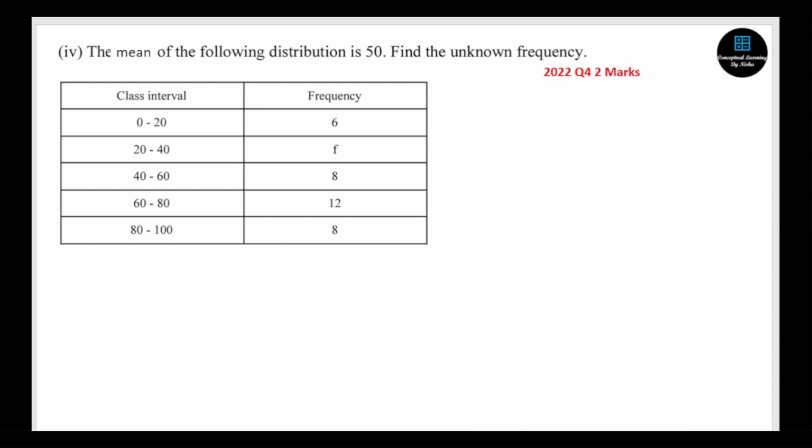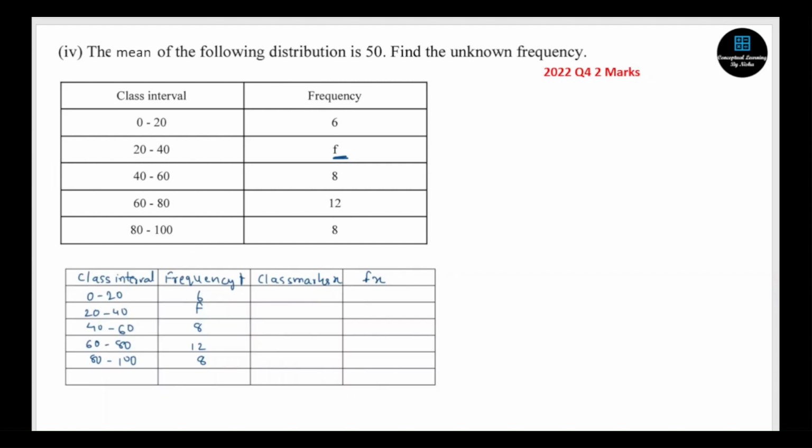Okay. Now the next question is again a 2-marker question where the mean is given and we have to find the unknown frequency, which is f here. Let's quickly write the class marks and the fx value. We have the class marks as 10, 30, increasing by 20, 50, 70 and 90.